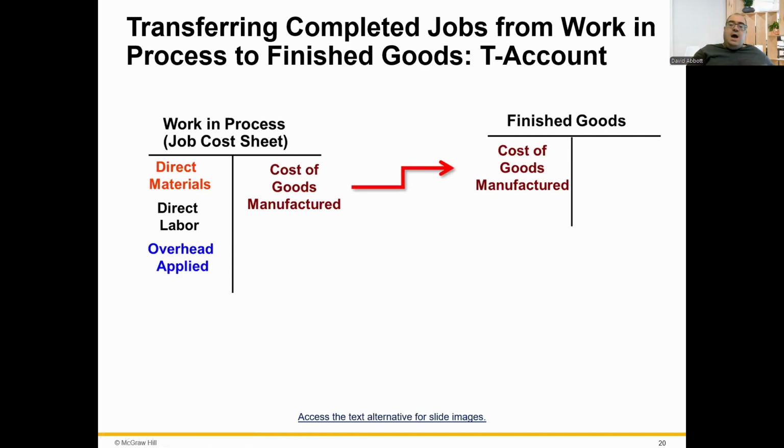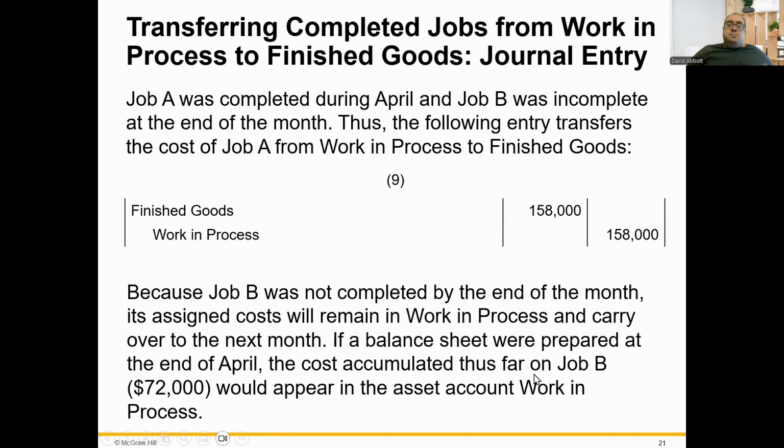And then we see here how we would debit our finished goods inventory once everything is done. We transfer our jobs, so we would debit finished goods, and then we would go ahead and credit work in progress. So job A was completed during the month of April, and job B was incomplete.